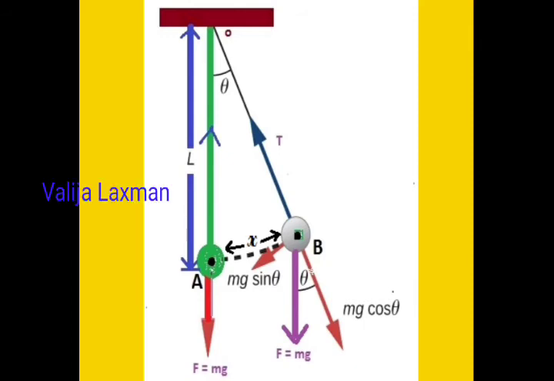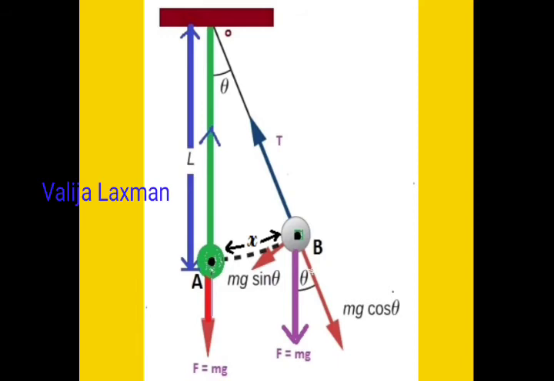So, for that what we do, we will try to divide this gravitational force into two parts. One is mg sin theta and one more is mg cos theta here. Mg sin theta and mg cos theta. As we have divided in the path of a projectile, the parabola, into u cos theta and u sin theta, in the same way, this side it is mg sin theta and this side it becomes mg cos theta.